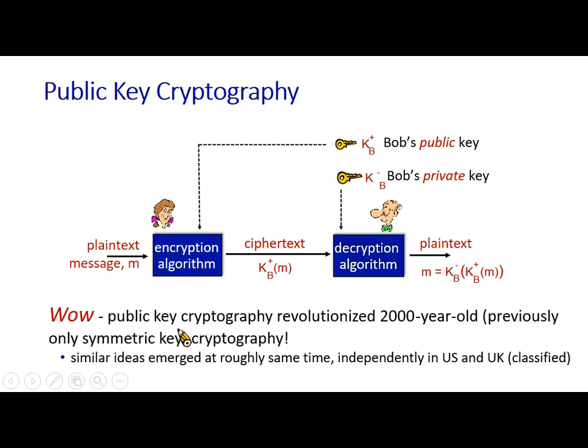Public key cryptography was a revolution about 2000 years after all the previous symmetric-key cryptography. A similar idea emerged at roughly the same time, independently, in the UK and the US. It's very useful.